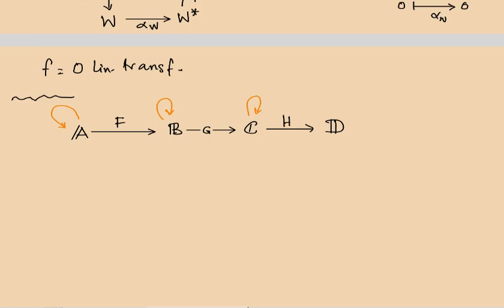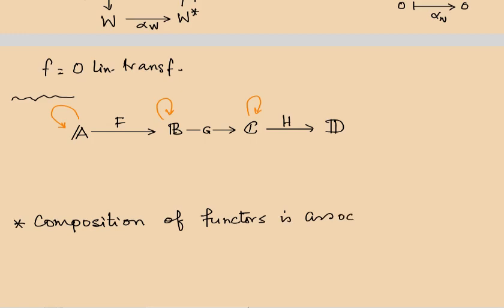So this composition of functors is associative. That's very natural because how we did it, it was in terms of two components, right?